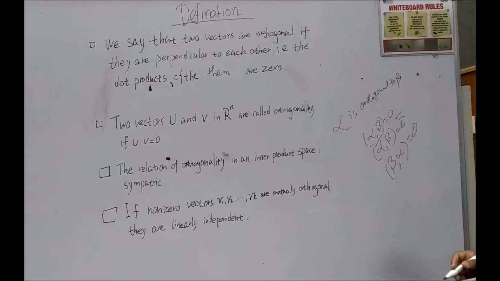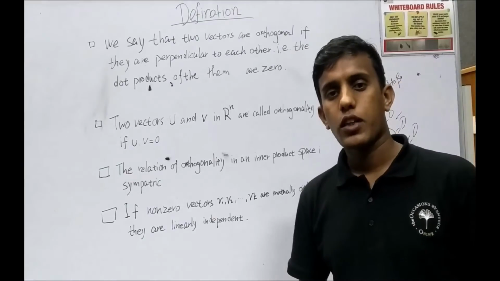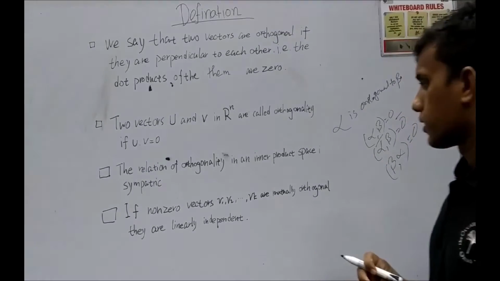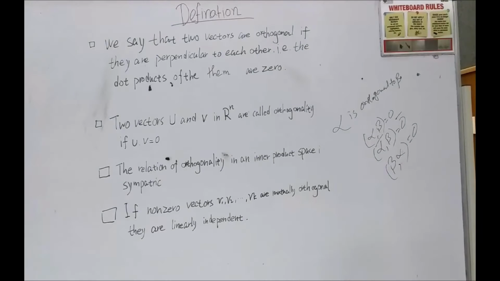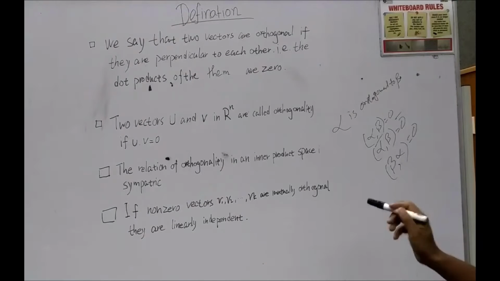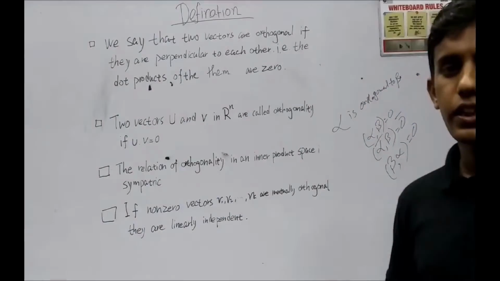So if alpha is orthogonal to beta, beta is also orthogonal to alpha. The next one: if non-zero vectors v1, v2, up to vk are mutually orthogonal, they are linearly independent.